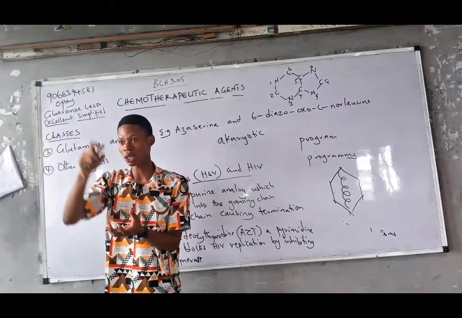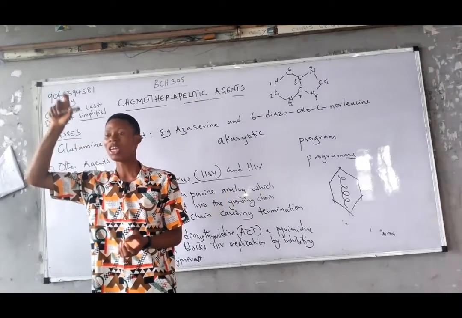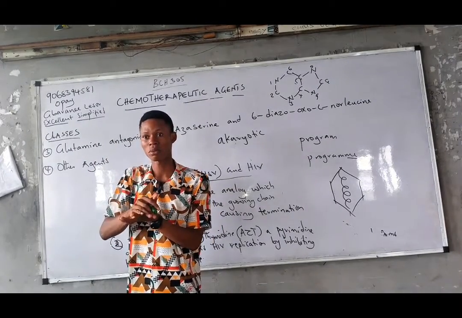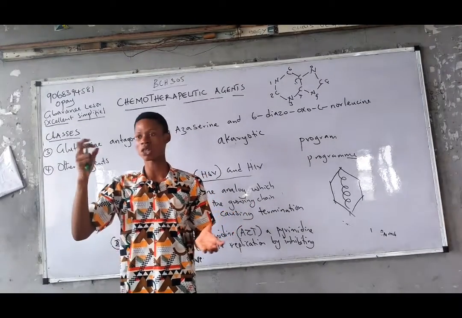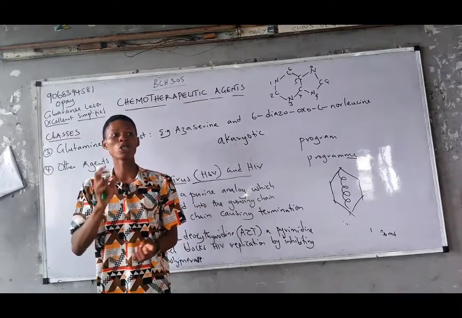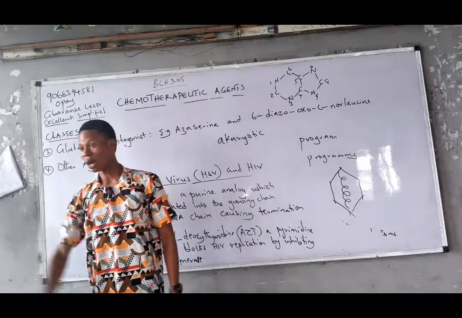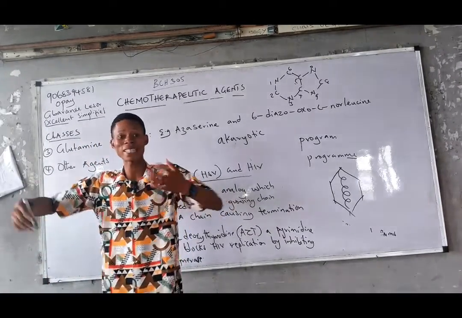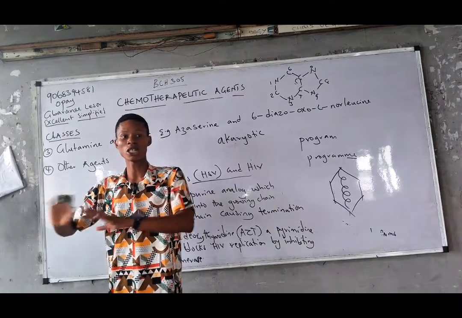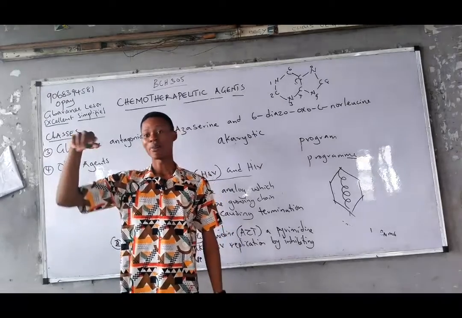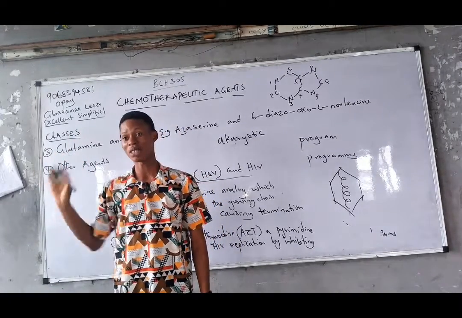HIV is a virus that affects the immune system, weakens the immune system. Once that virus enters the system, it will weaken the immune system, and once the immune system is weakened, even small malaria can kill the person, because the immune system, which is responsible for fighting infectious agents, is weakened already, and so anything can kill the person. By the grace of God, I've handled several HIV cases.